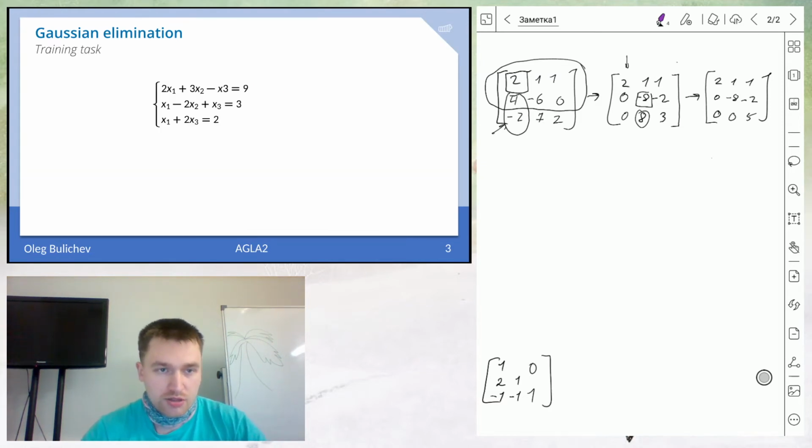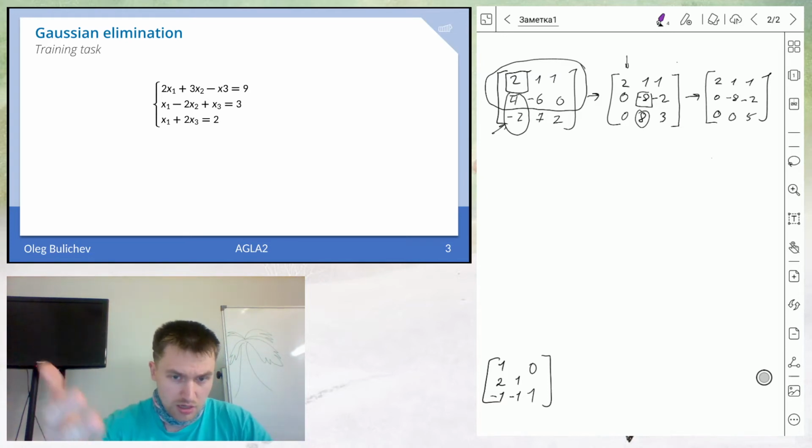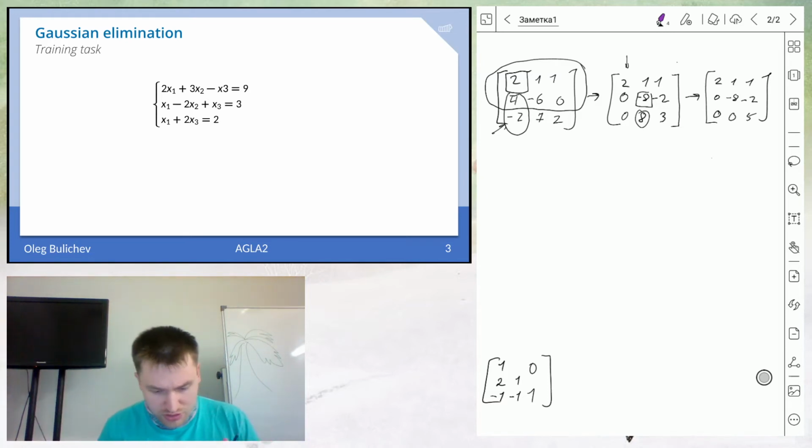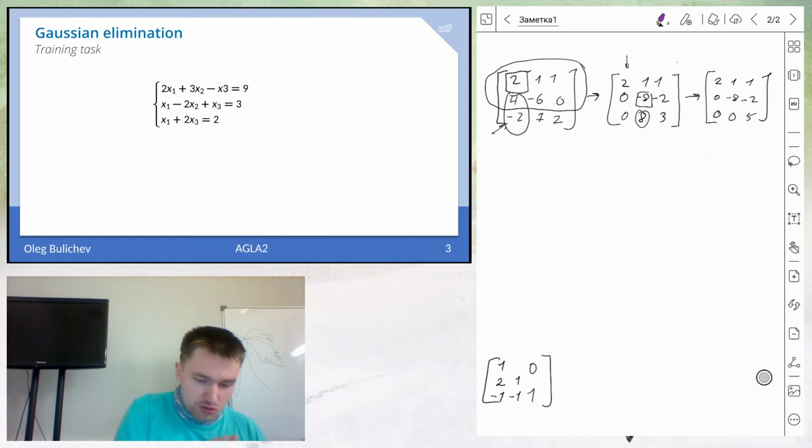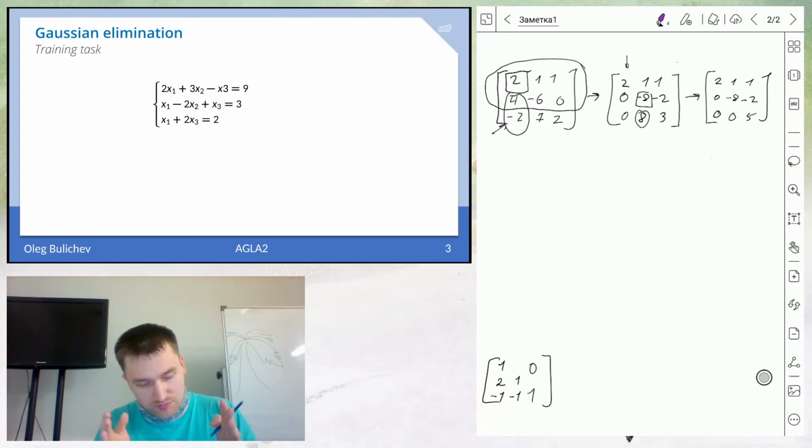So it will be your practical task at home. Of course, you can solve equations using Gaussian elimination. Actually, not Gaussian, but Gauss-Jordan. In spite of that, you should do the same stuff. You are working with the left part, and you also need to do everything the same with the right part.